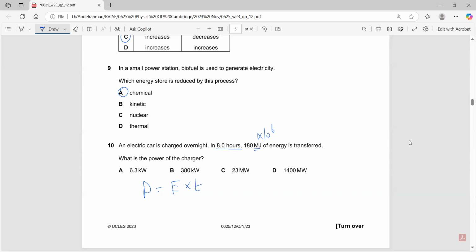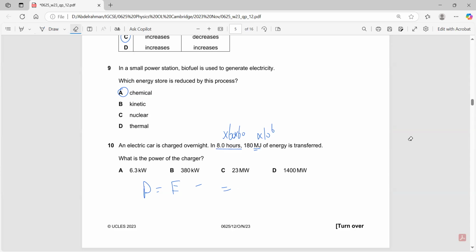In 8 hours, should I convert the hours to seconds? Yes, I should convert the hours to seconds. So you multiply by 60 and you multiply by 60 again. Sorry, power equals energy over time.